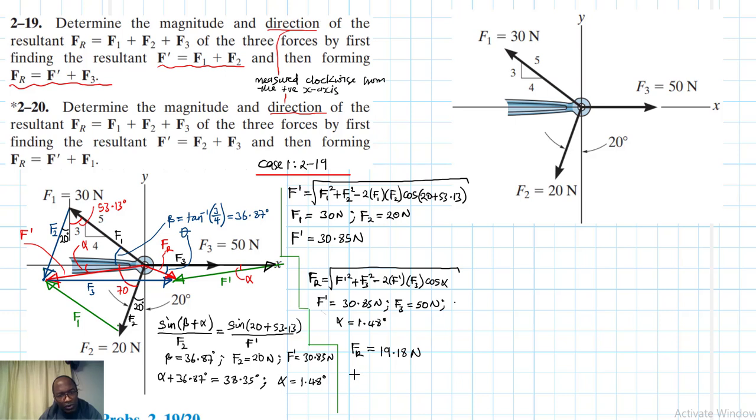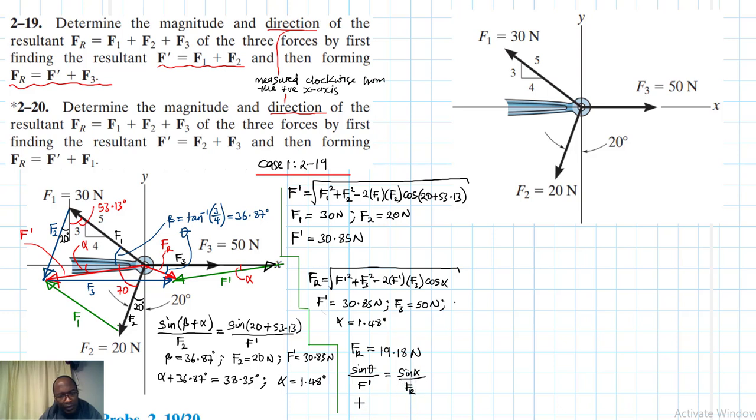Then let's find theta. We use the sine law. Sine theta divided by F prime is equal to sine alpha divided by FR.